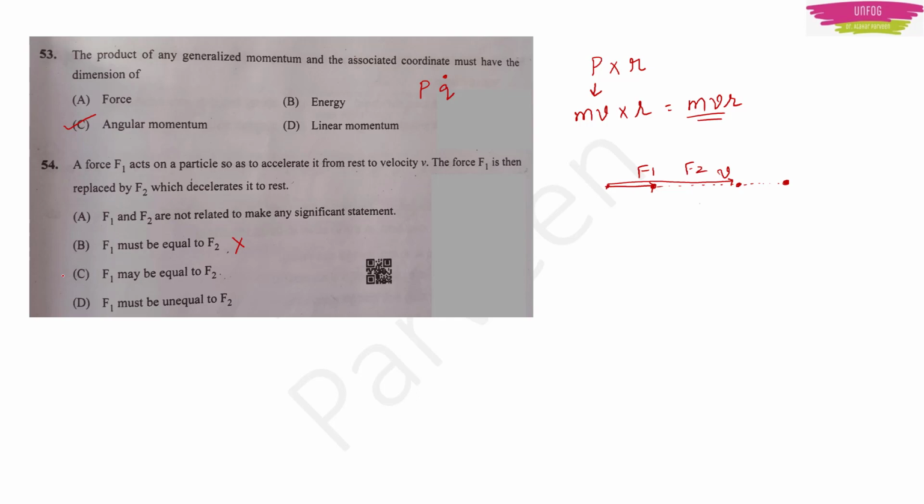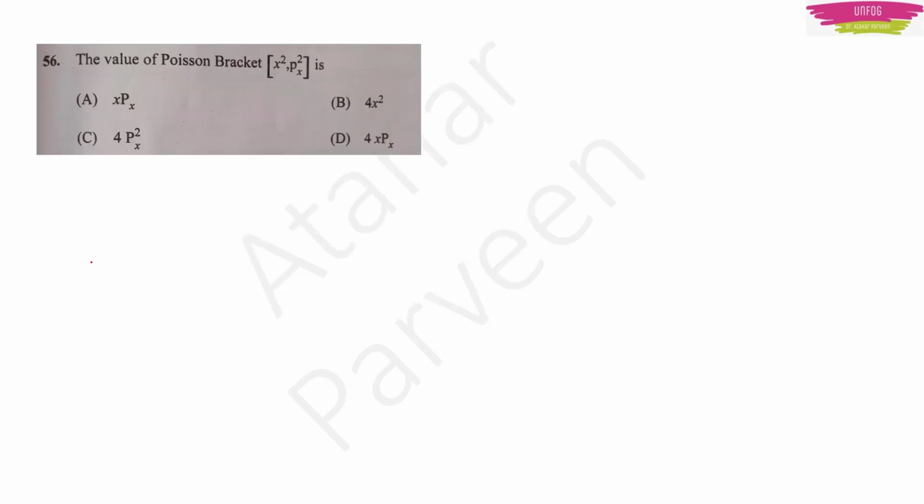Next question. The value of Poisson bracket is, this Poisson bracket is given x square and px square. See, for momentum, you remember that if the momentum operator is there, then how it affects the x square is like differentiation. It is 2x. But here it is px square.